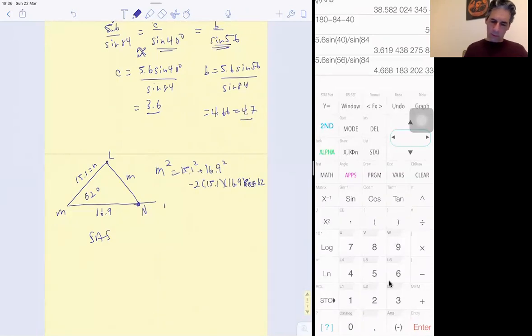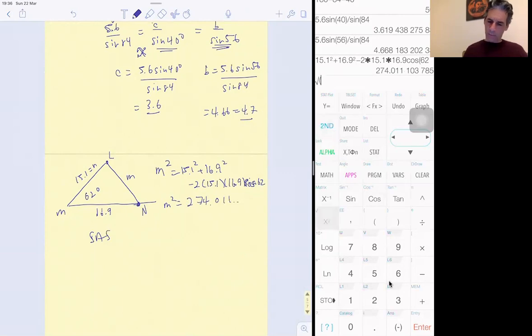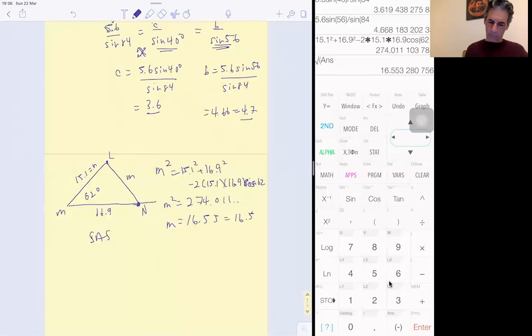Okay, so m squared will be this big number here, 274.011, and then we just take the square root to get 16.55, or 16.6 units for side m.